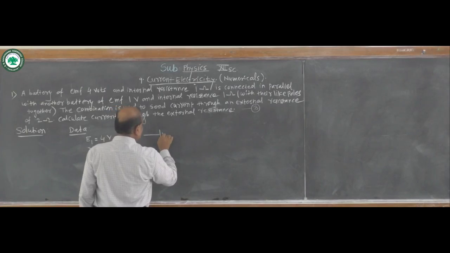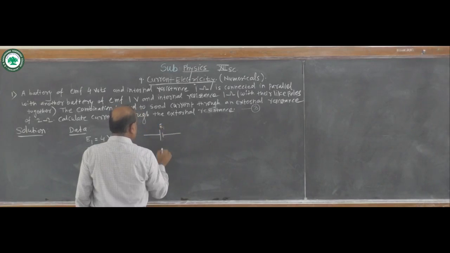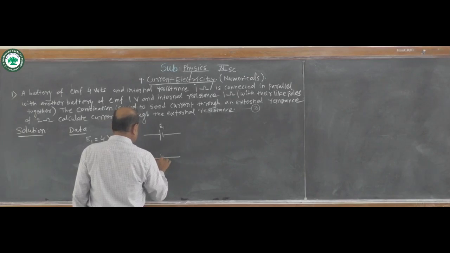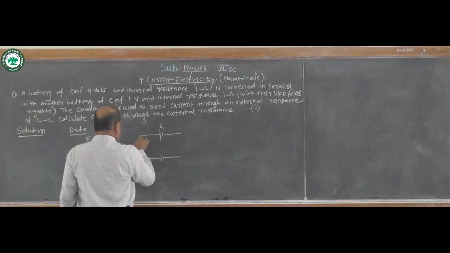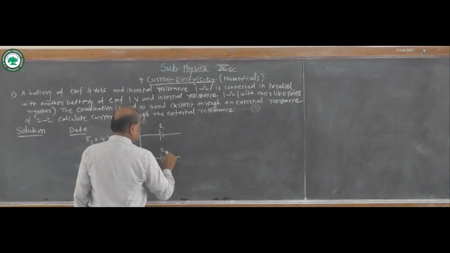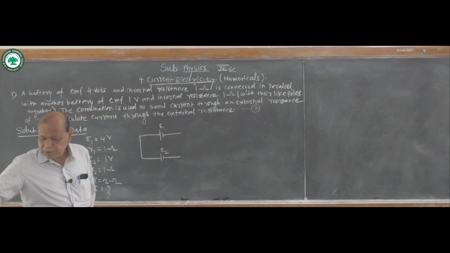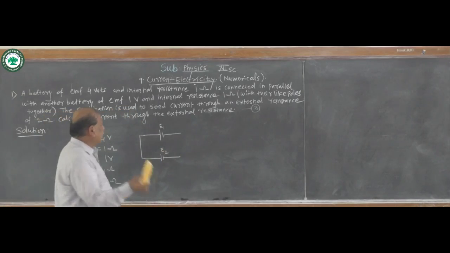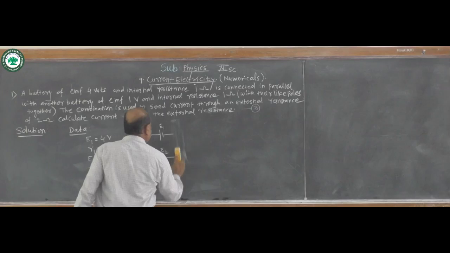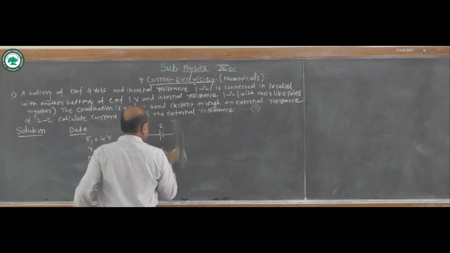Now here, consider the battery E1 and another battery E2. These are connected in parallel with their internal resistances.